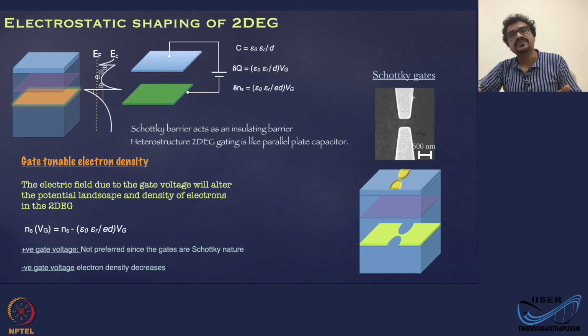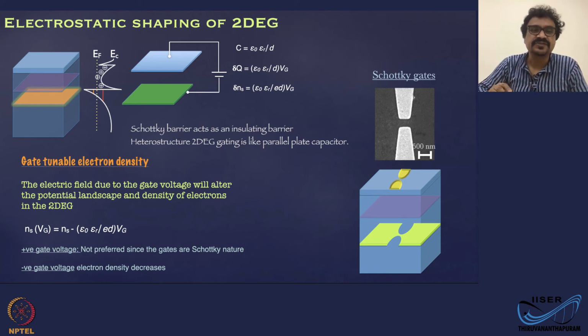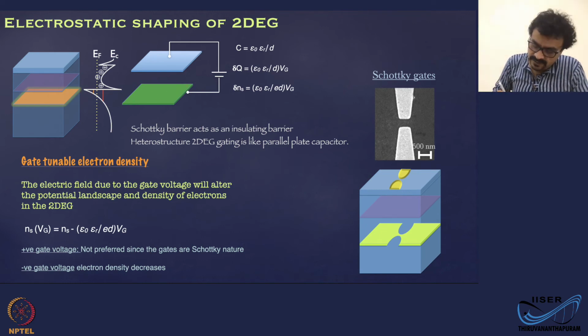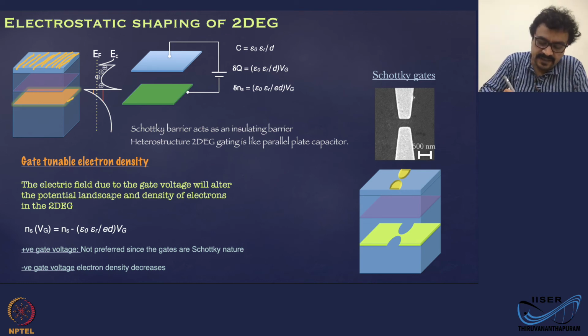Now, these two-dimensional systems are like capacitors when you consider some kind of electrode on top of it. So what you have is a sheet of electrons in the middle, which I have represented with green color here. Now if you put some metal gate on top, okay, then this metal gate and this electron gas, the sheet of electrons, together can form a capacitor.